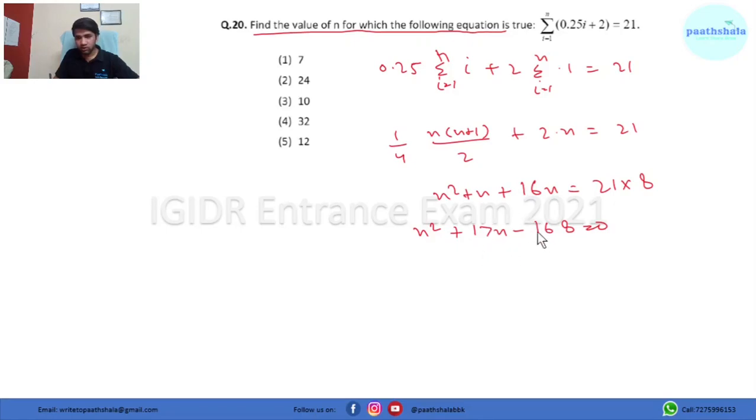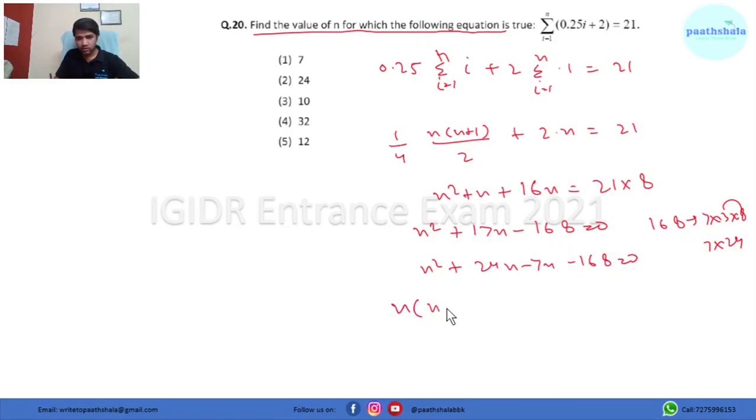In order to solve this quadratic equation, we can use the middle term splitting method. So n square plus 24n minus 7n minus 168 equals 0, where 168 can be split as 7 into 3 into 8, that is 7 into 24.